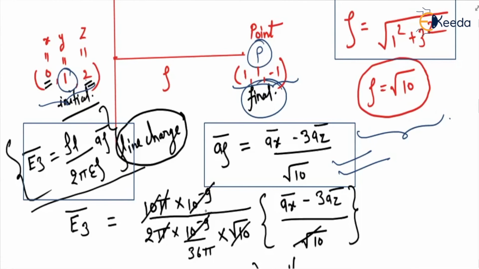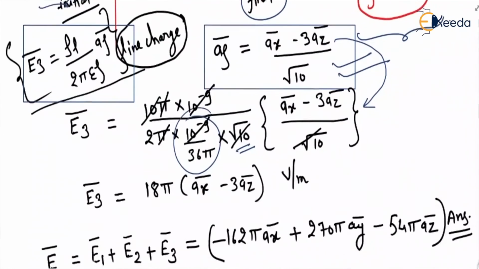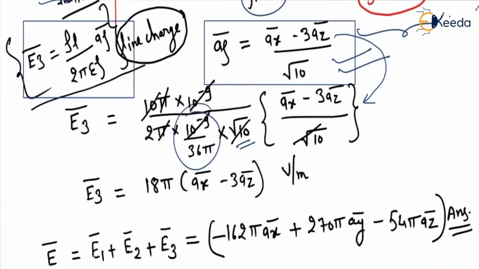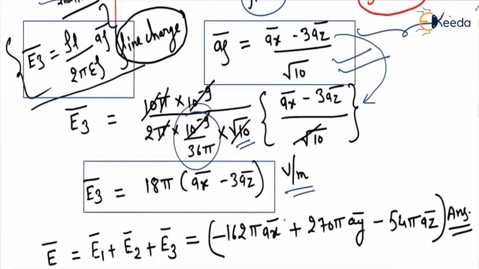So 10π into 10 to the power minus 9 divided by 2π epsilon, which is 10 to the power minus 9 divided by 36π. Rho is the square root of 10, and the vector is (a_x minus 3a_z) by root 10. When we solve, the answer comes as 18π (a_x minus 3a_z) volt per meter.